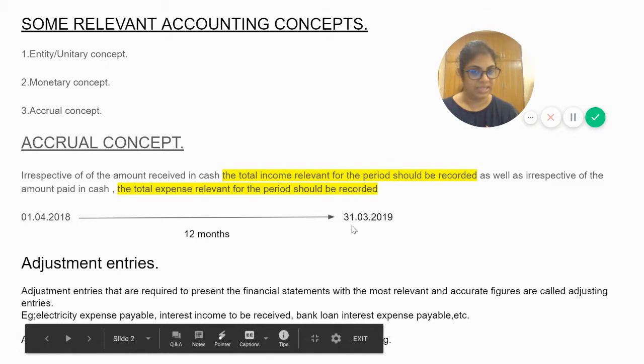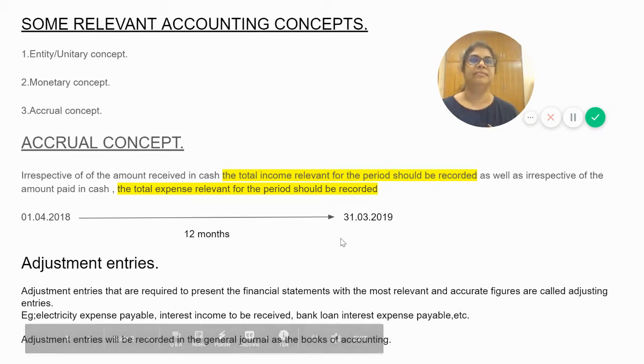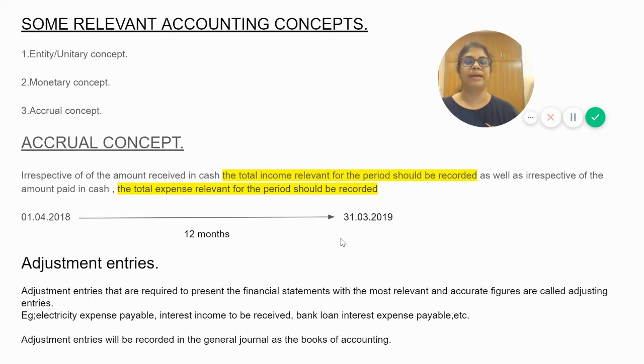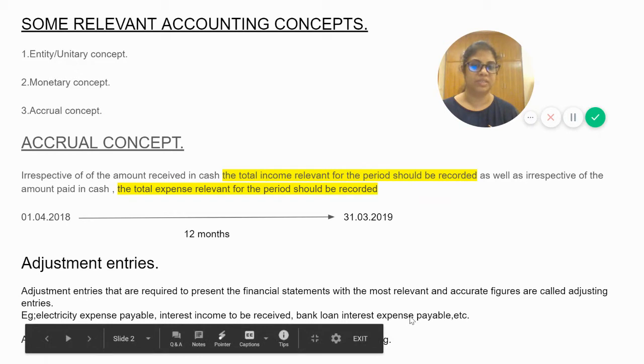Then bank loan interest expense payable, let's say for the last month. Practically, at midnight 12, we won't be going to the bank to pay the interest on the bank loan that you have obtained. We will be paying it after the last date of the accounting period. But you have to consider it as already paid within this accounting period ending on 31st March 2019, because it's also an expense.